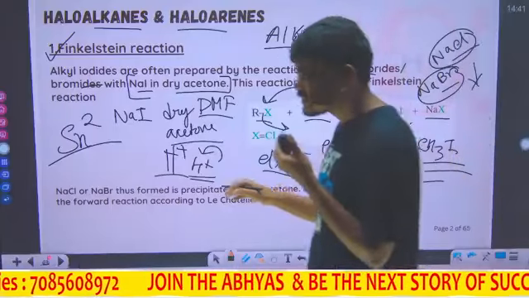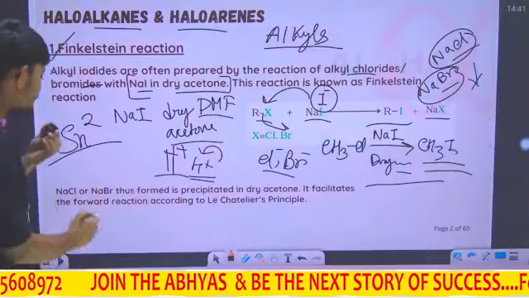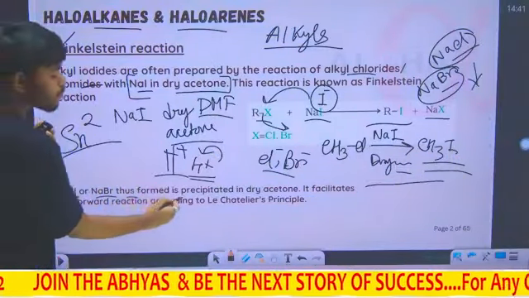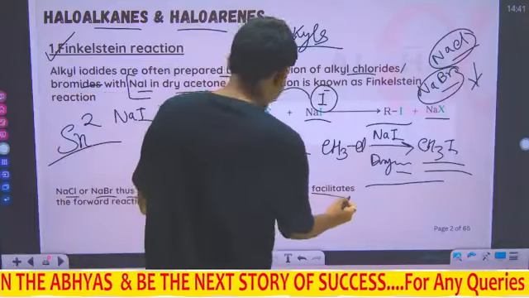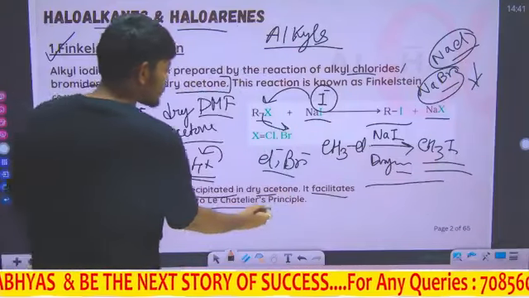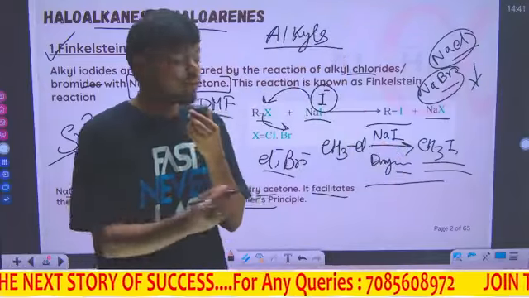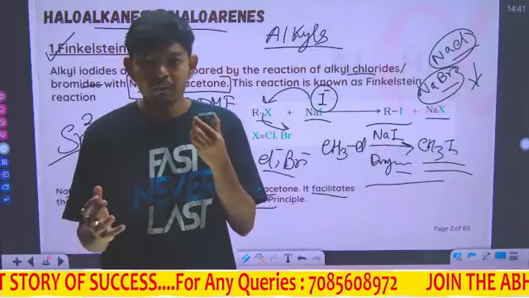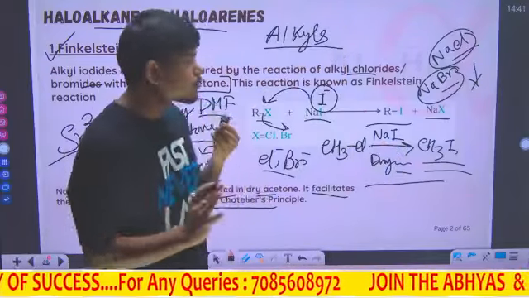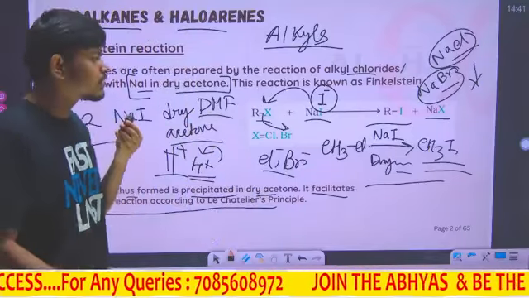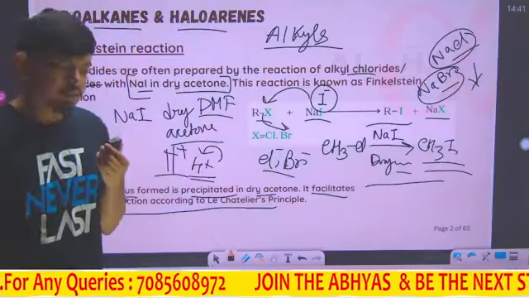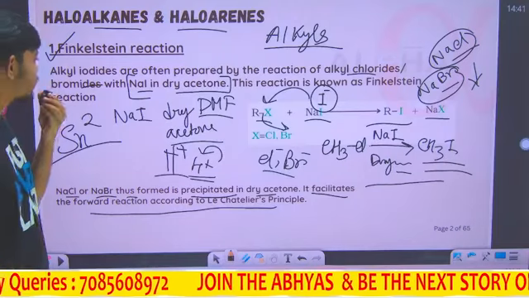It precipitates out. NaCl, NaBr thus formed precipitate in dry acetone. It facilitates the forward reaction according to Le Chatelier's principle. The equilibrium is shifted to the product side, and we just need the product, to increase the efficiency. So this reaction is very helpful for us. This is our first reaction.